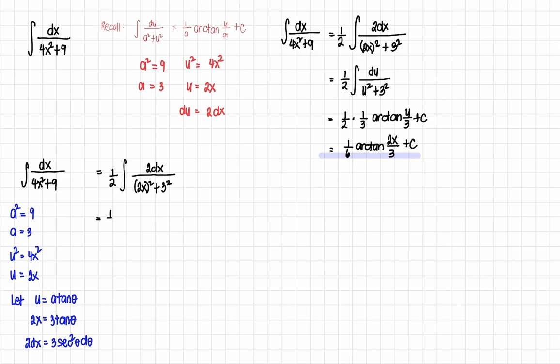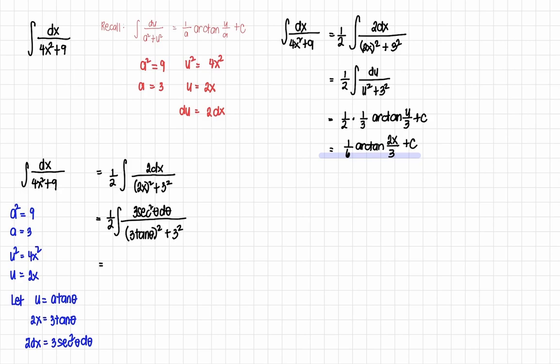So this is now 1/2 integral of, what is 2 dx equal to? 3 secant squared theta d theta over, what is 2x? It's 3 tangent theta quantity squared plus 3 squared.